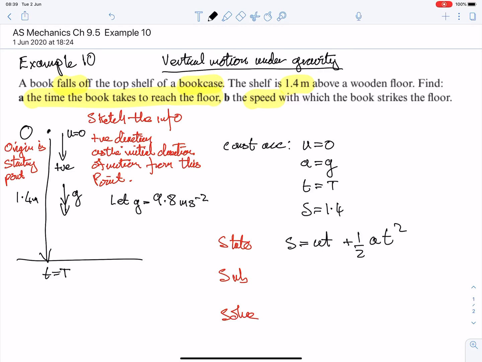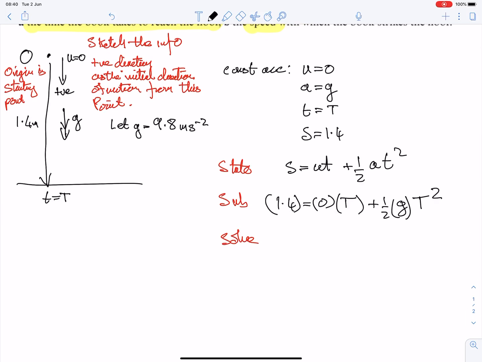Substitute in 1.4 is equal to u, which is 0, and we've said let t equal capital T when it hits the ground, plus a half gt squared. And now we solve it to find t.